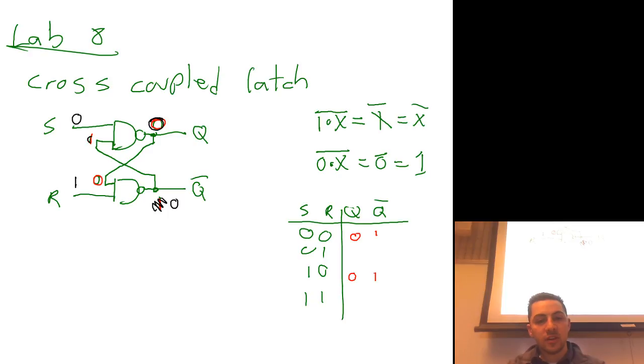So this 1 comes over here. 1 NANDed with 1 is 0. All right, so that changed a little bit. That brings a 0 over here. 0 NANDed with 0 is 1. Okay, so that 1 comes over here. 1 NANDed with 1 is 0. Okay, everything's stable now. So what do we have? We have 1, 0. Okay.